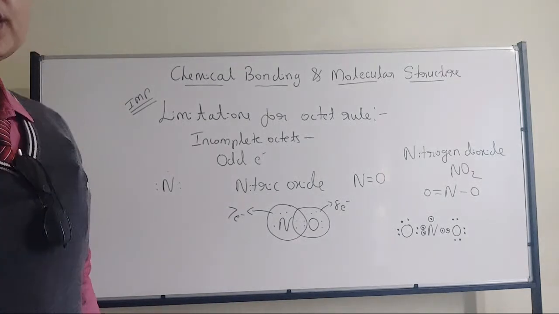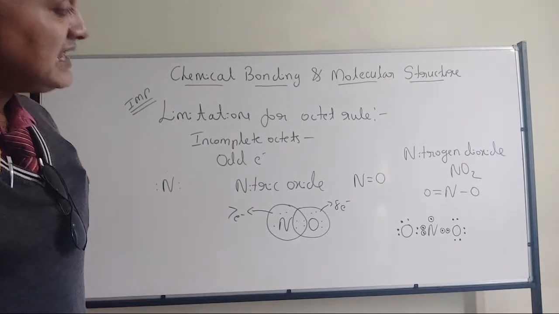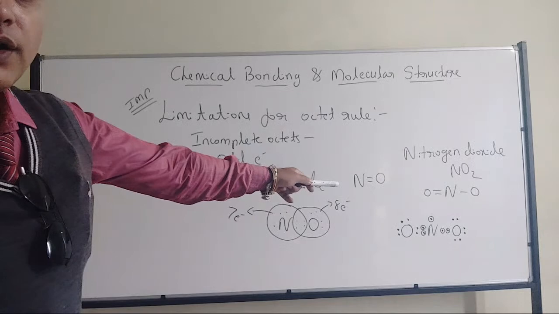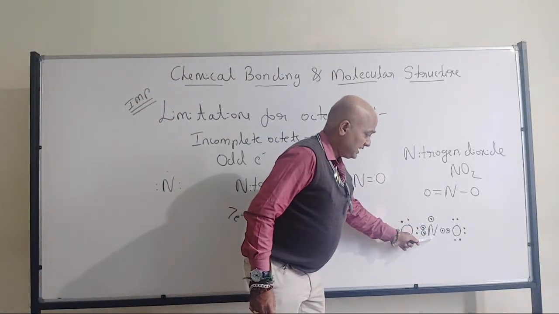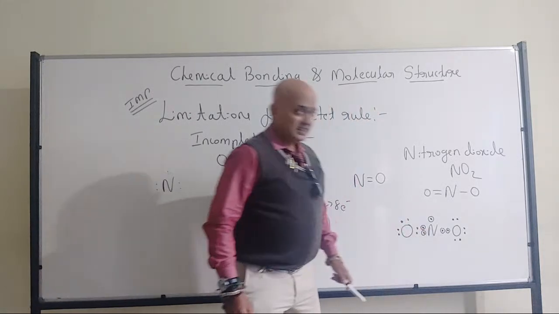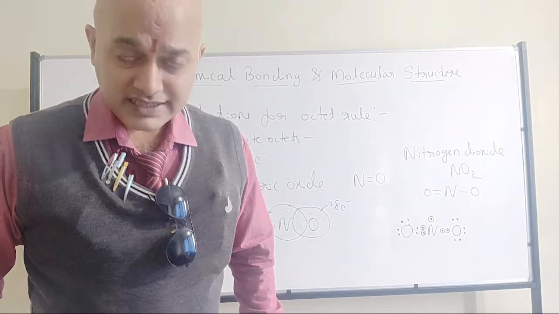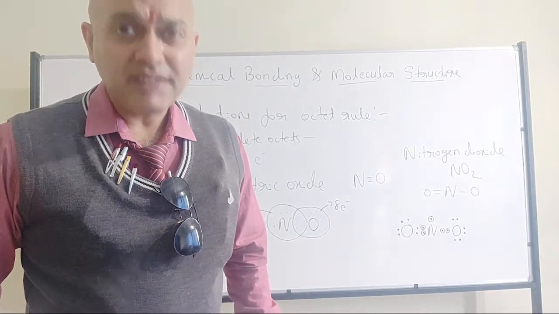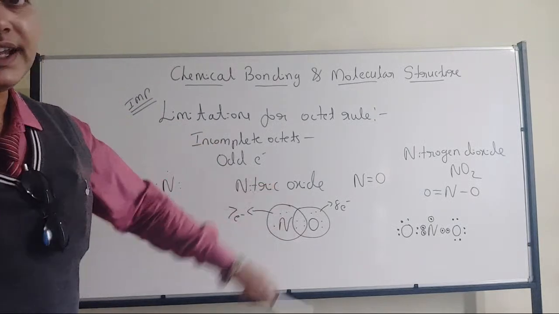Now what is the speciality? We can see here that in one of the bonds, a single bond, both the electrons are invested by the nitrogen. Yes, nitrogen is getting 7 electrons, I understand. That's why it belongs to incomplete octet.